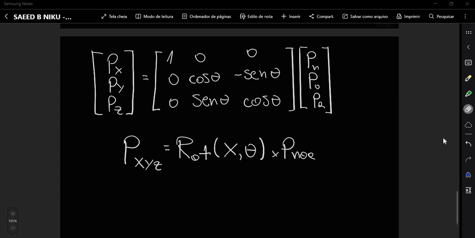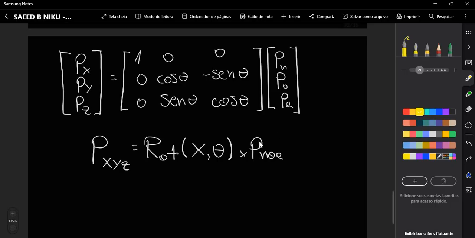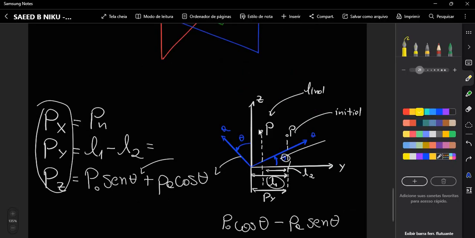Hi. So let's continue on the topic 2.6.2. We finish this topic on this part doing this notation. Let me scroll up.